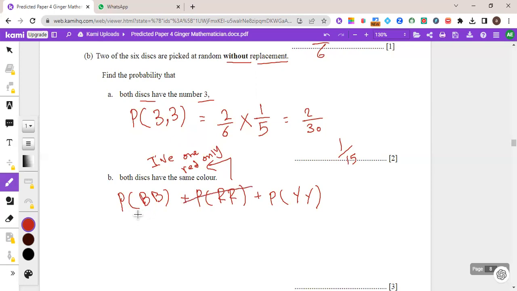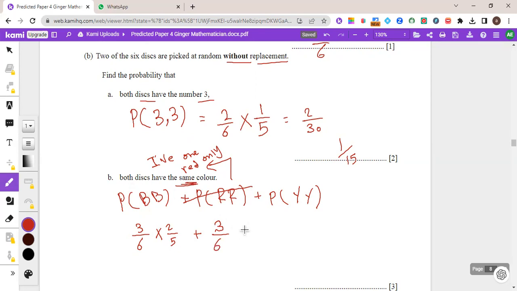Now calculate these for me. If it's blue, 3 blue, so 3 over 6 and 2 over 5, 1 over 4? No, only 2, Mariam, only 2. But there's 3 blue. Yes, but he wants only 2. Okay.